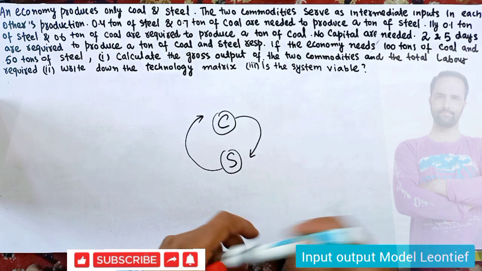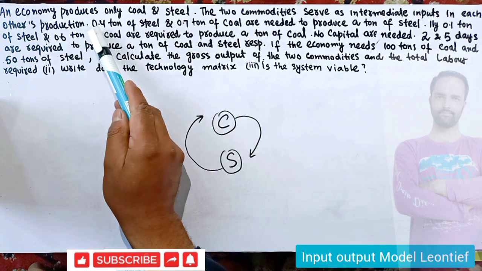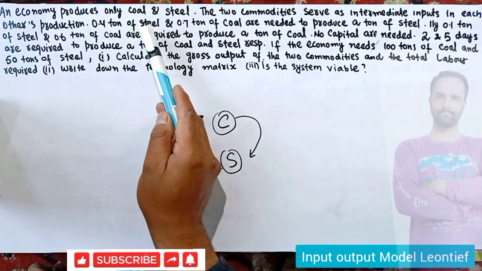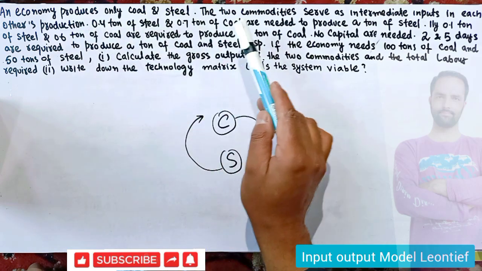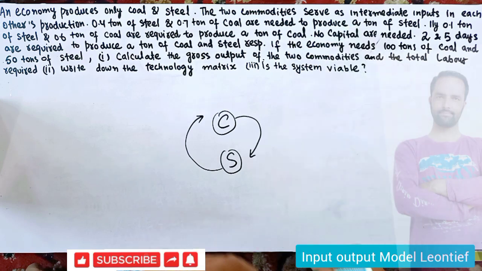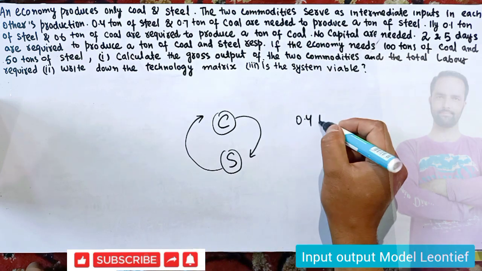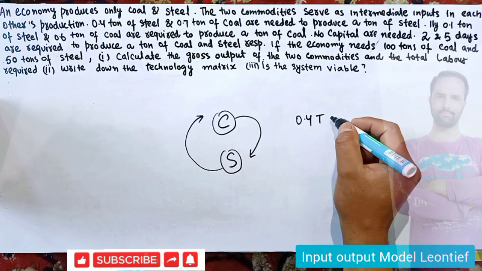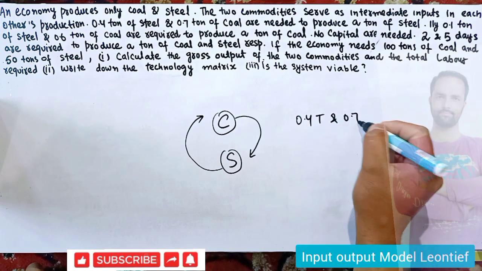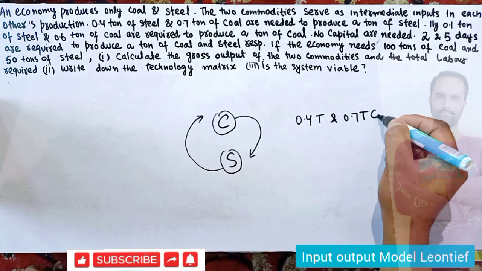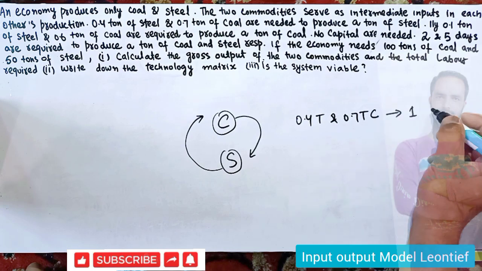Also we are being told 0.4 ton of steel and 0.7 ton of coal are needed to produce a ton of steel. That means we need 0.4 tons of steel and 0.7 tons of coal to produce 1 unit of steel.